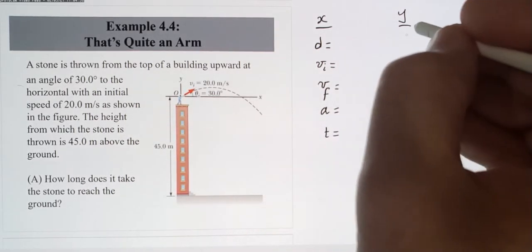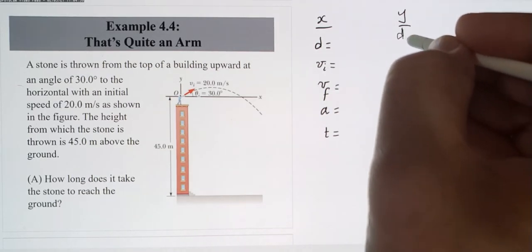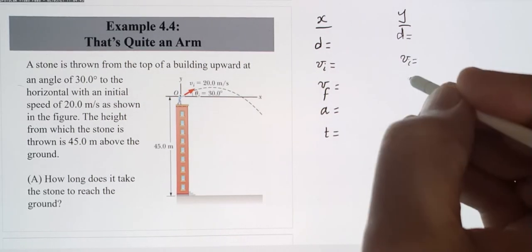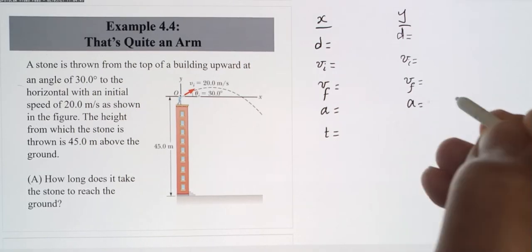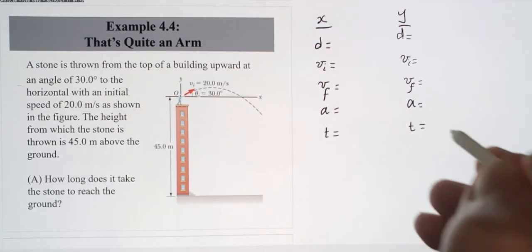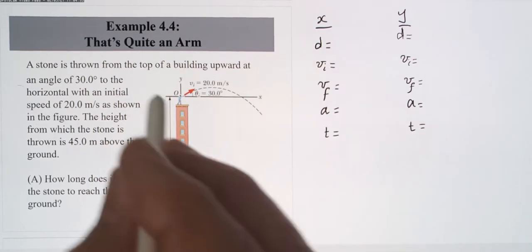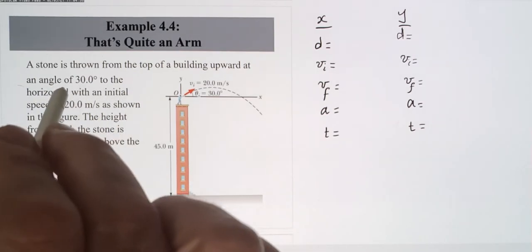And also in the y, we look for the distance or displacement in the y, v initial in the y, v final in the y, acceleration in the y, and time in the y. So let's see the information he gave us.